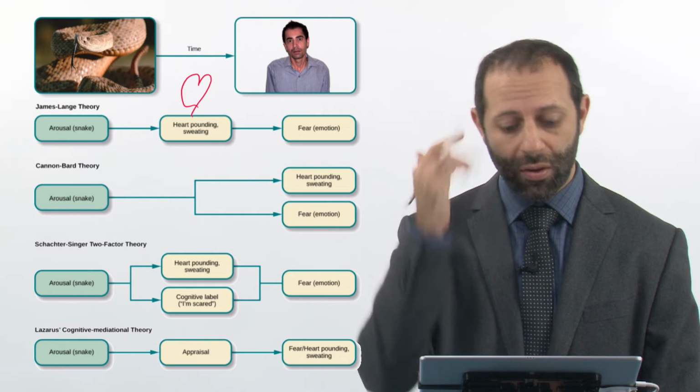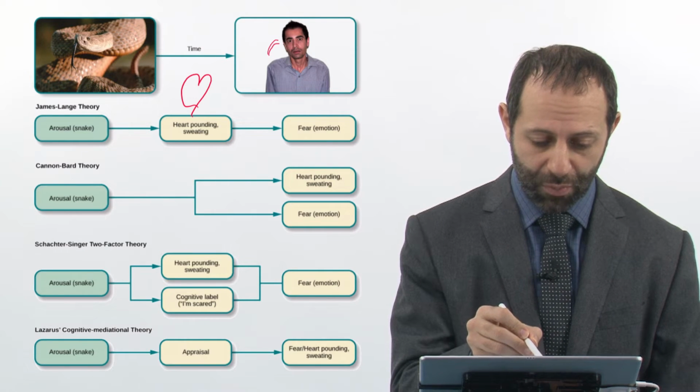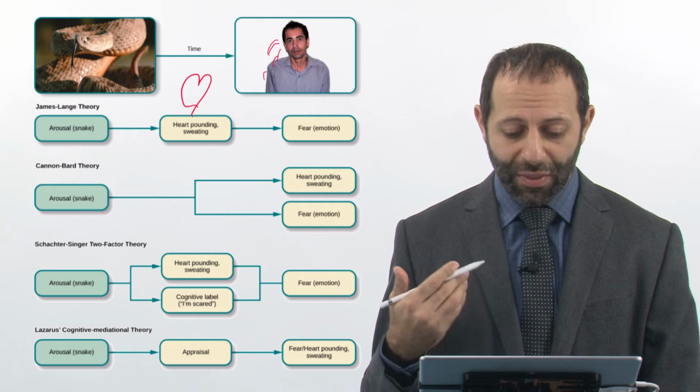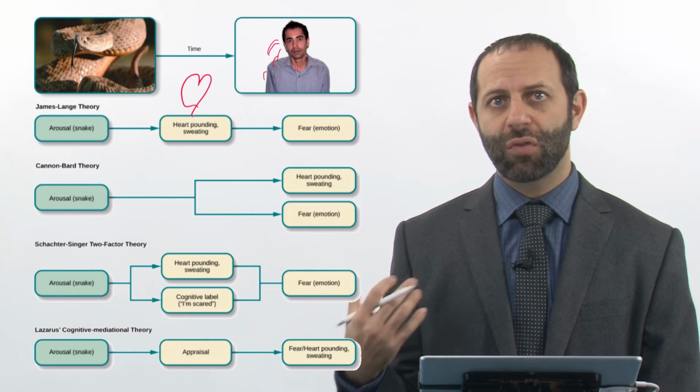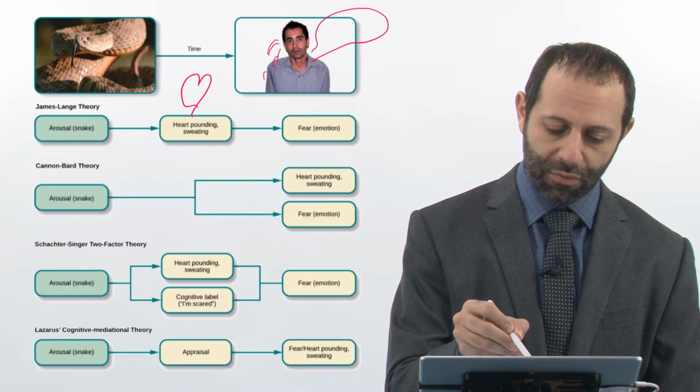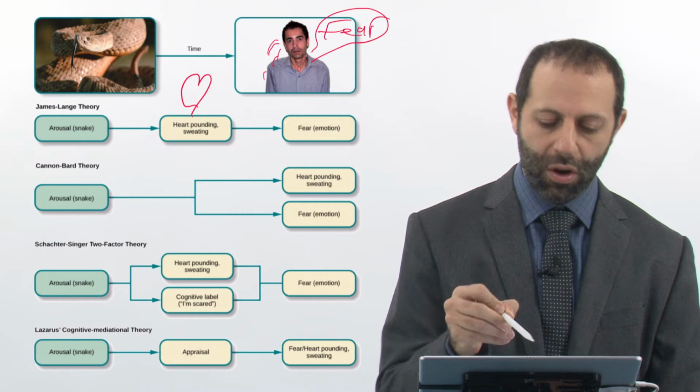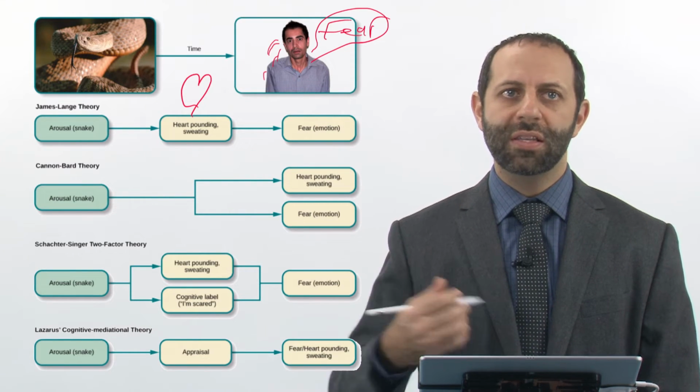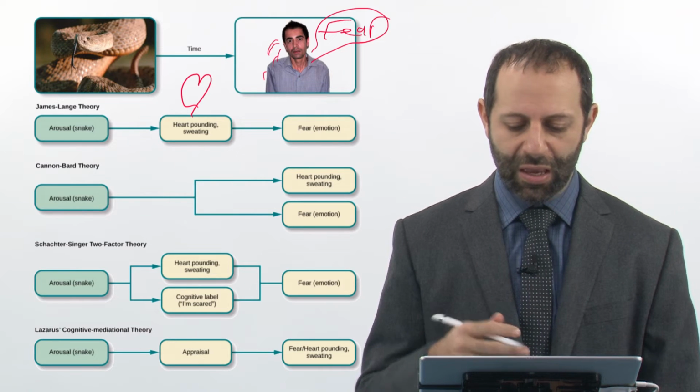I start to sweat, right? Oh man, I'm sweating. And at that point, fear is registered. That is the emotion that I have. I'm afraid. Fear. Right? Snake. So this is the James-Lange Theory.